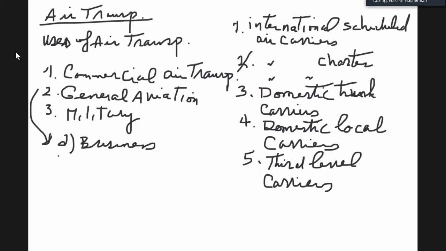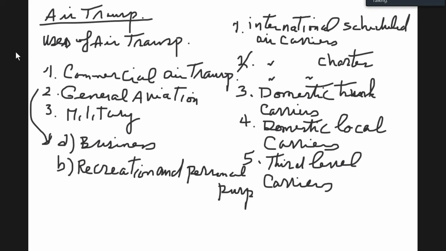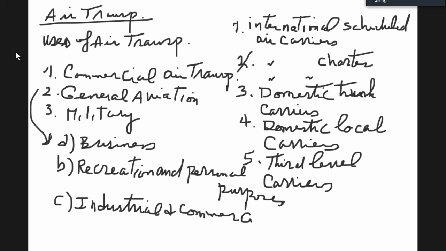We have general aviation for recreation and personal purposes, and for industrial and commercial. Okay, so that's the general aviation.